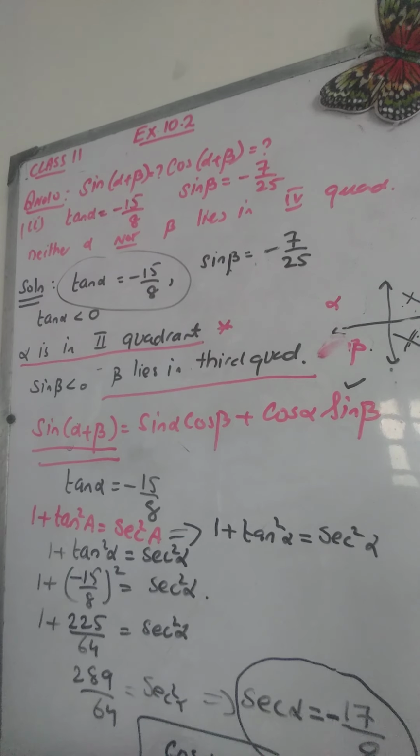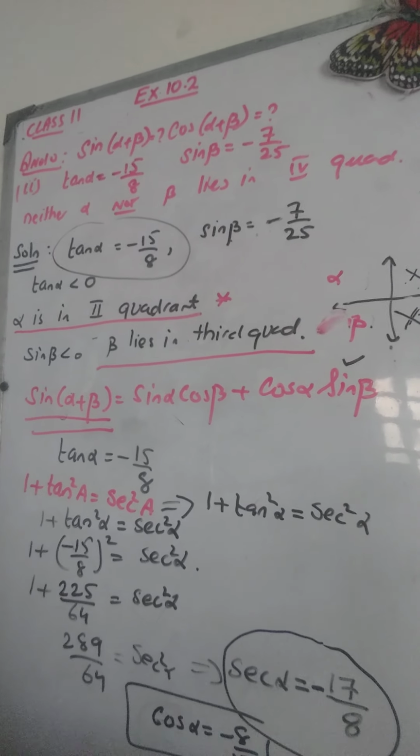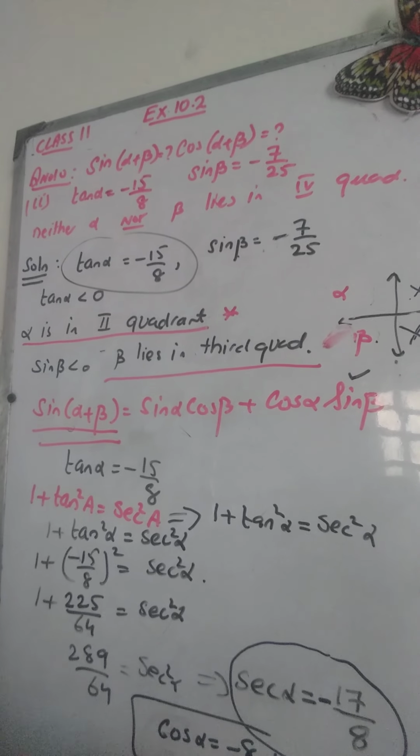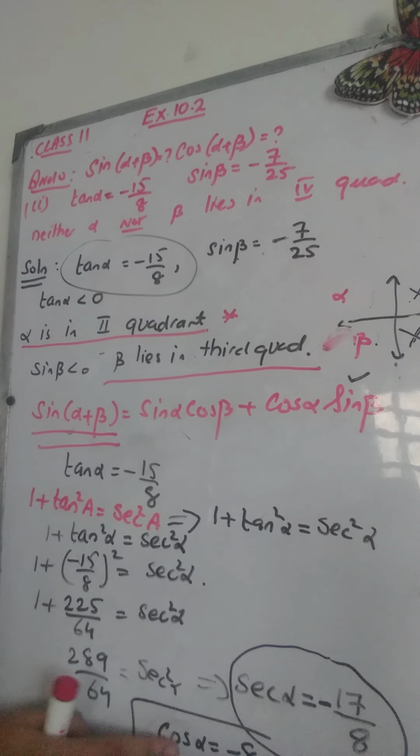So we have found the value of cos alpha. The value of cos alpha, being the reciprocal of secant alpha, is equal to negative 8 by 17. Now let me write it somewhere, because we will be needing this quantity cos alpha. So if I erase this, we have found cos alpha.